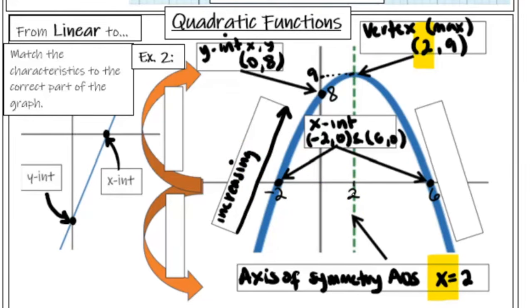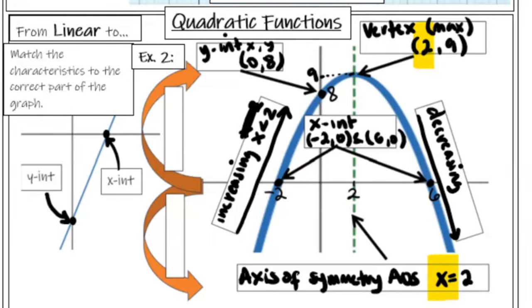You start off with your axis of symmetry, but then you have to tell me it's not equal to 2. Which side is it increasing in regards to 2? To the left. Okay, so x is less than 2. So it's increasing on the left of your axis of symmetry. And in the same regard, what's happening here? It is decreasing. So as we're going this way, we are decreasing.